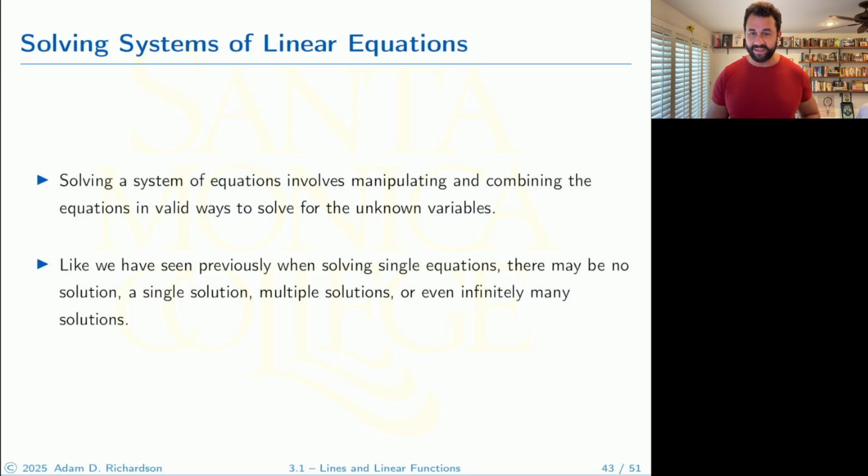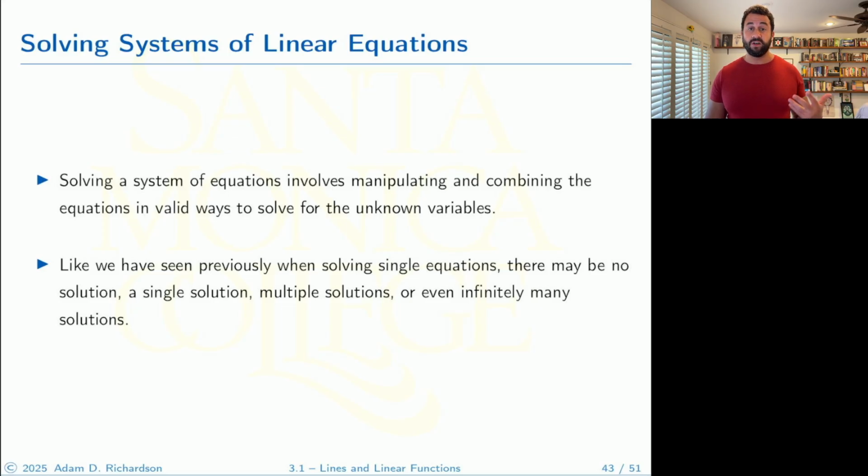What does solving a system of equations involve? It just involves manipulating and combining the equations in valid ways to solve for the unknown variables. Like we've seen previously, when we're solving single equations, there may be no solution, there may be a single solution, there may be multiple solutions, or there may even be infinitely many solutions.